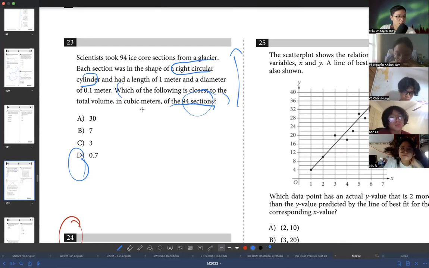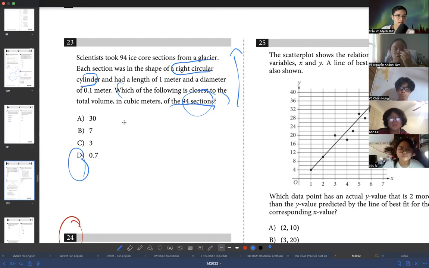Yes, can you explain it? To calculate the volume of one section. One section. Okay, so you calculate the volume of one section and then you multiply it by 94.